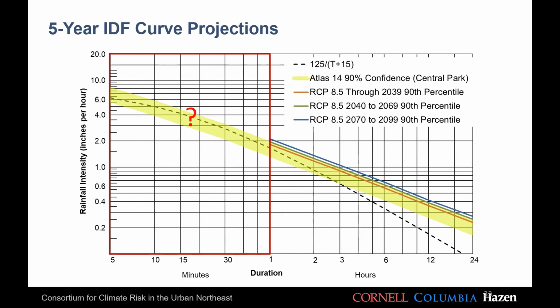And that's just because most climate model output is given at a daily time step. And this is a major need for designing stormwater infrastructure for future rainfall, which is the development of projections at sub-hourly timescales, because that's really what drives the design of the storm sewers. So I think it should be an area of research.